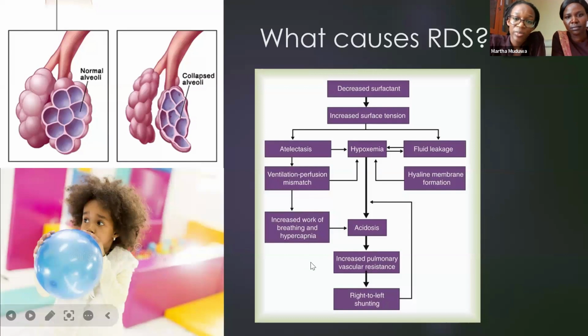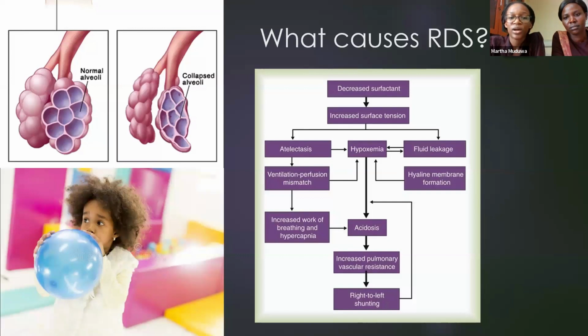So that will result in hypercapnia because you're retaining a lot of carbon dioxide, and this will in turn cause acidosis. Then also because of the increased surface tension, you have hypoxemia, and acidosis, which has resulted from what we've just described, will increase the pulmonary vascular resistance.